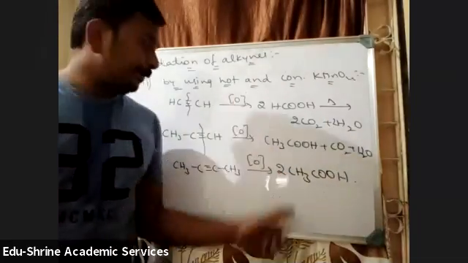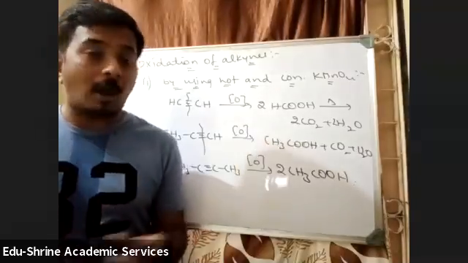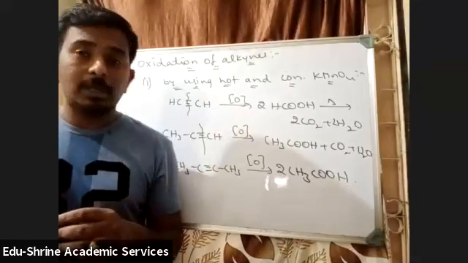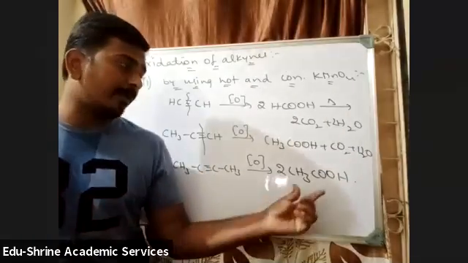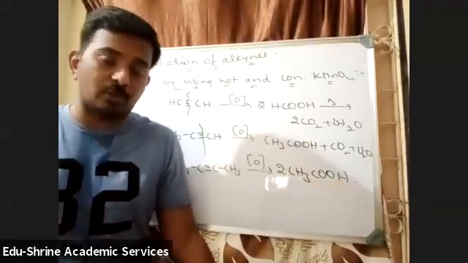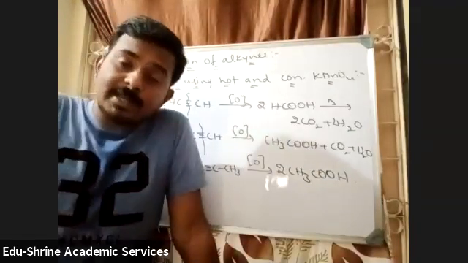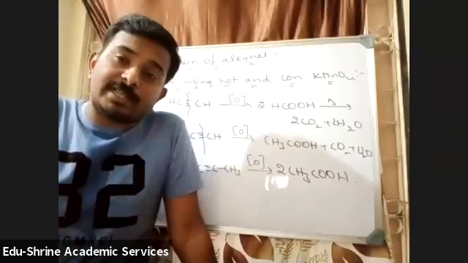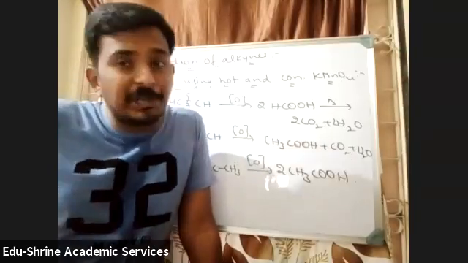So in this way, oxidation takes place with hot concentrated KMnO4. Whether it is terminal or non-terminal, you are going to get carboxylic acids only. If it was alkenes, if it is terminal, we got carboxylic acid. If it is non-terminal, we got ketones.